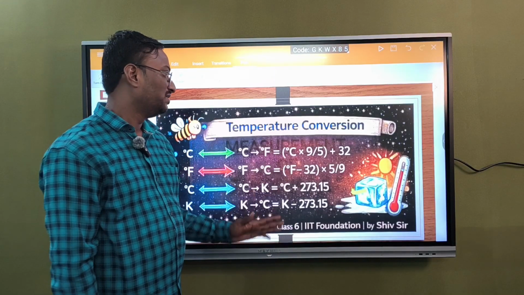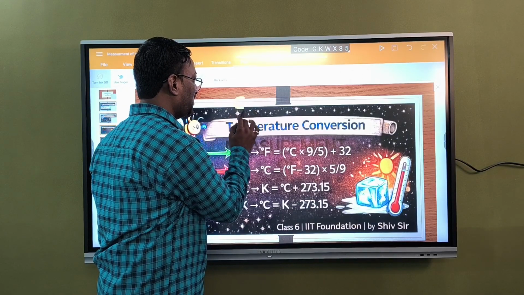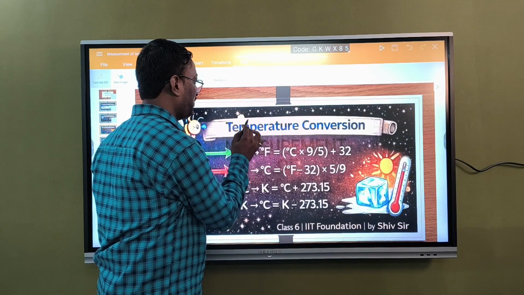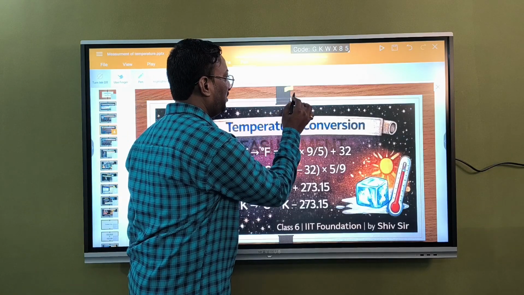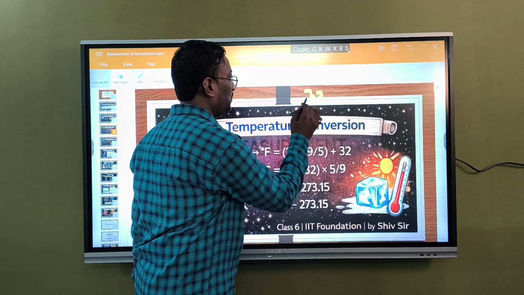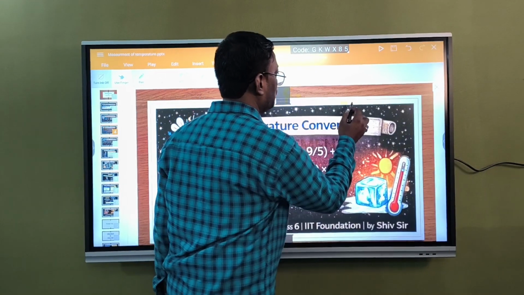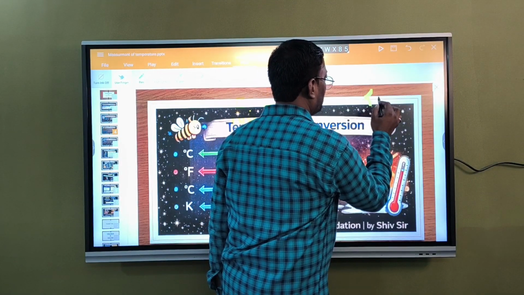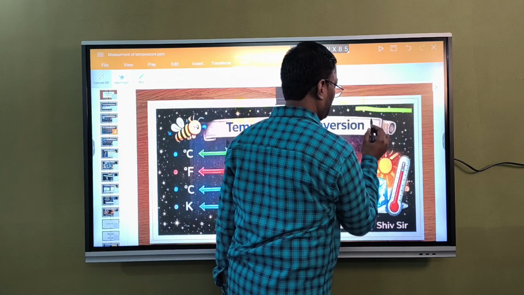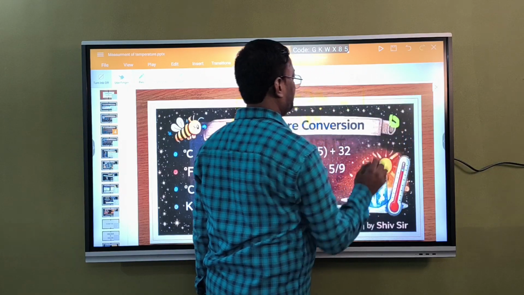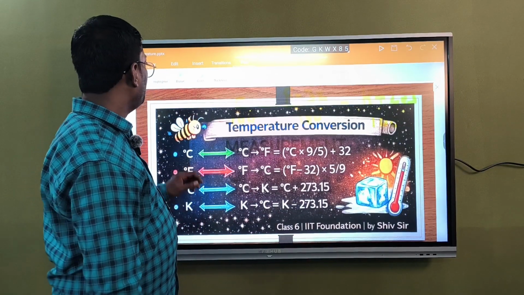How to convert? See here, I will tell you a formula, children. C by 100 is equal to F minus 32 by 180 is equal to K plus 273 by 100.